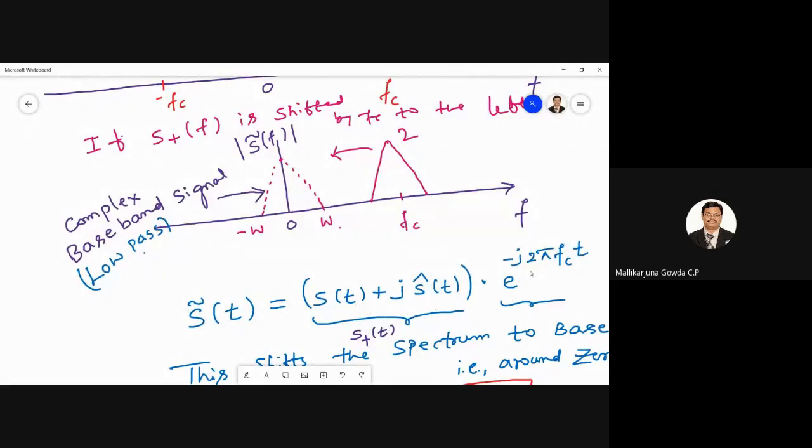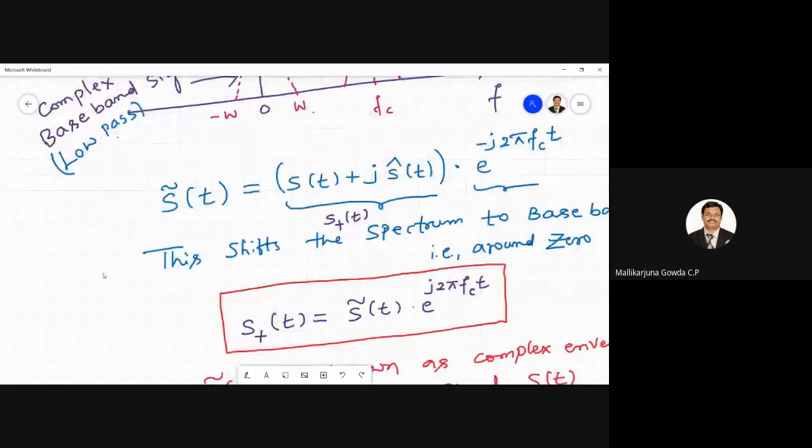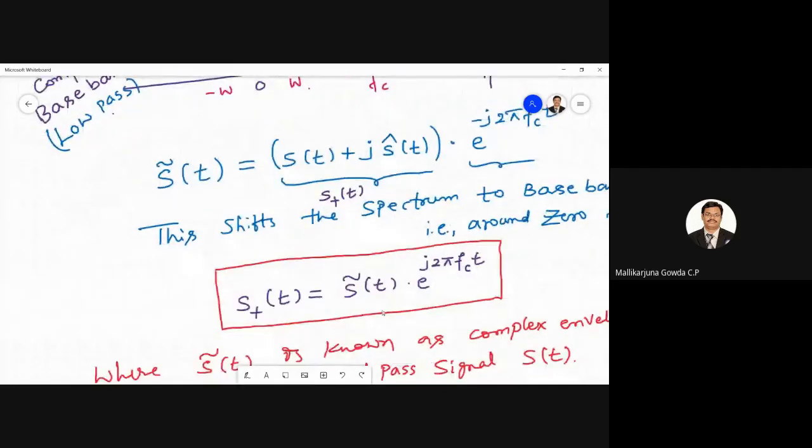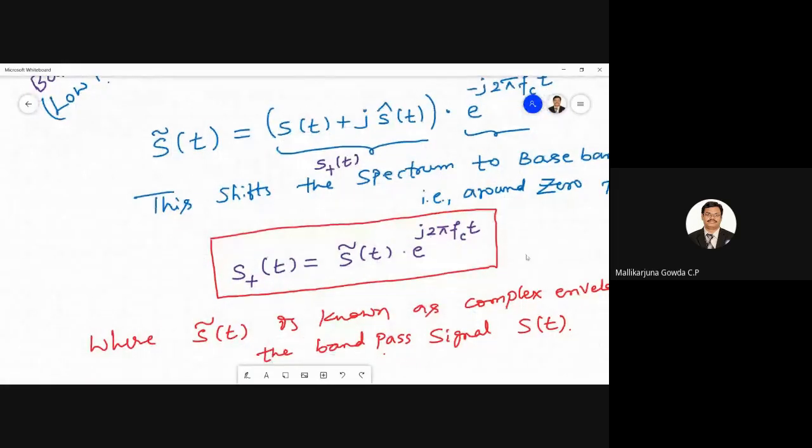And in terms of the pre-envelope, I can express S plus of t is equal to S tilde of t into e power j2 pi fct. I said this S tilde of t is known as the complex envelope of the bandpass signal S of t. So till this we were there.